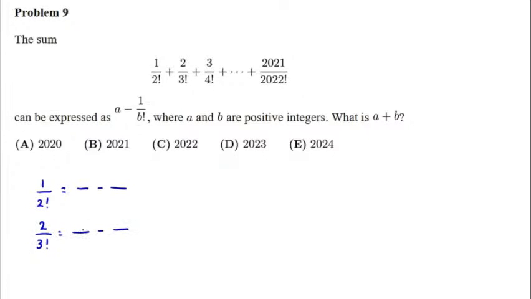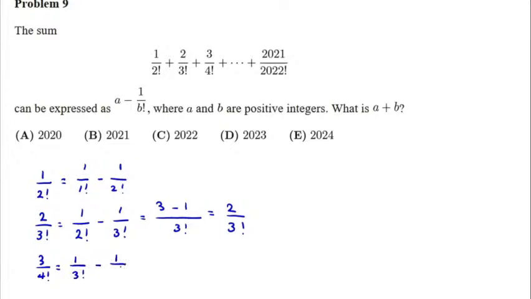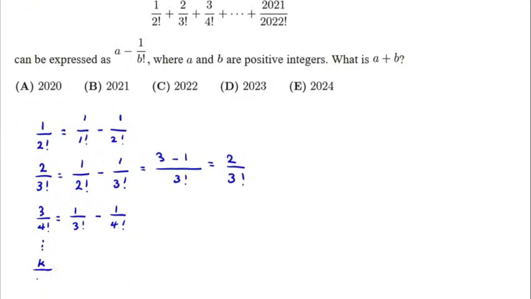So if you pay attention here, if I write, for example, 1 over 2 factorial minus 1 over 3 factorial, it will be, with 3 factorial as denominator, the numerator 3 minus 1, so 2 over 3 factorial. So it is good. If I use the same thing here, 1 over 1 factorial minus 1 over 2 factorial, again it will be this. 3 over 4 factorial will be 1 over 3 factorial minus 1 over 4 factorial. And we continue. k over k plus 1 factorial will be 1 over k factorial minus 1 over k plus 1 factorial.